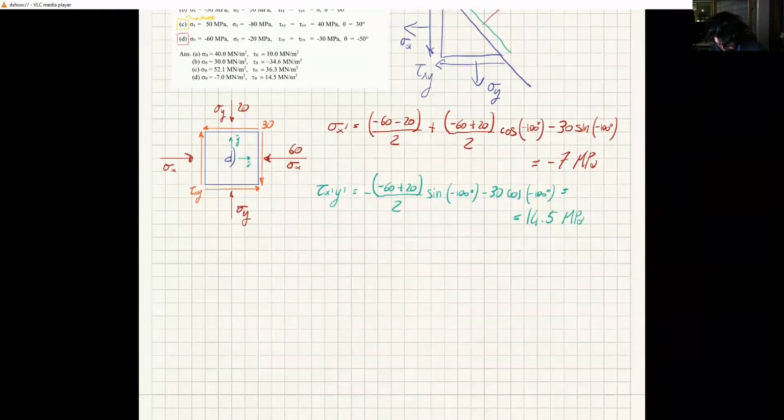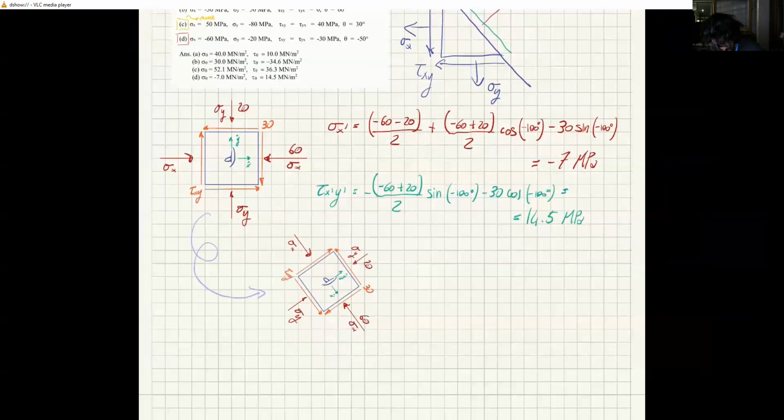And also, if you want to draw the new stress state, the new stress state looks like this. Rotate this 50 degrees. So this gets transformed into this.